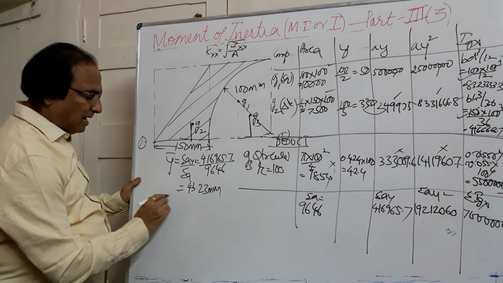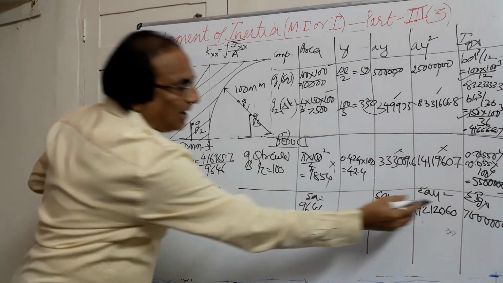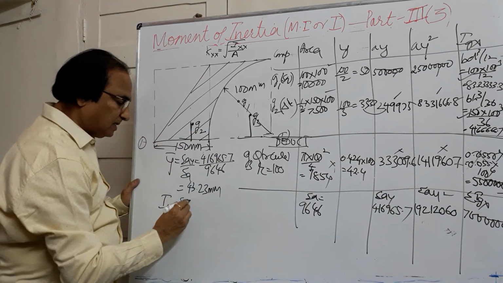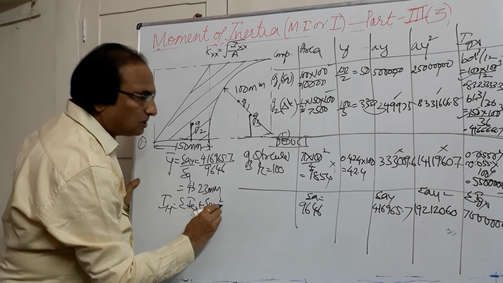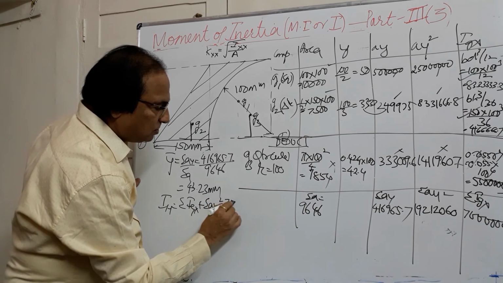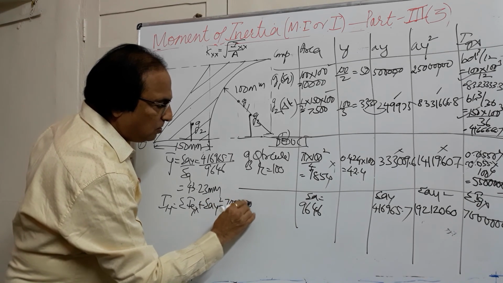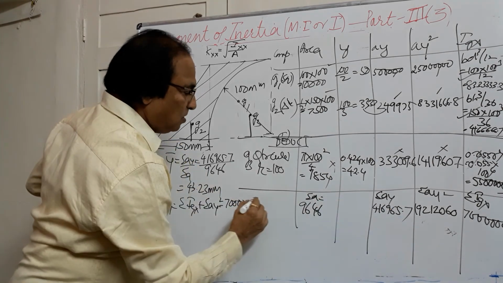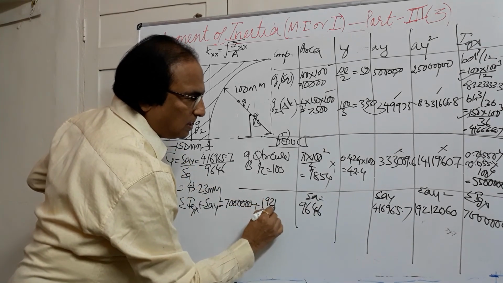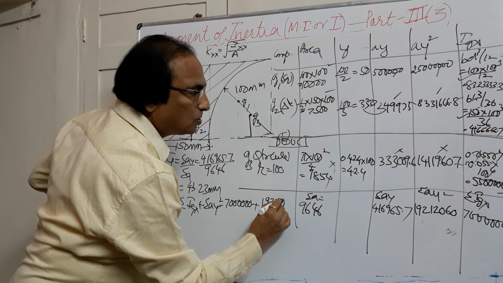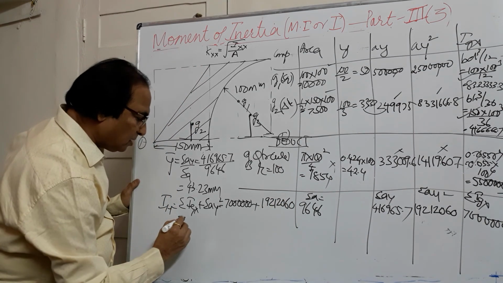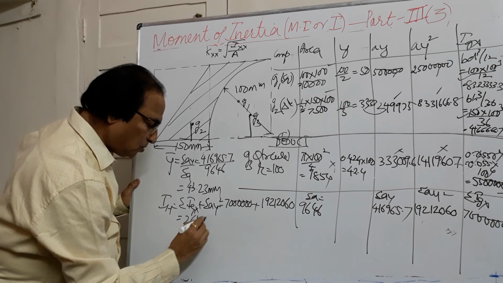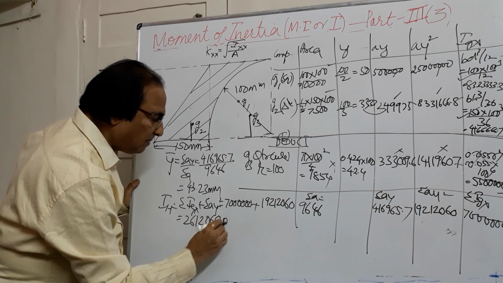Then we'll go for I11. That means we'll have to add these two last columns. So it will be sigma igx plus sigma ay square, which is 7000000 plus 19212060. If you add these two values, you get 2612060 mm raised to 4.